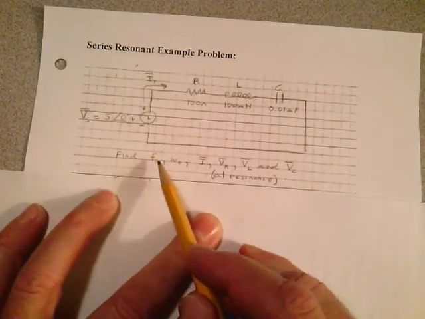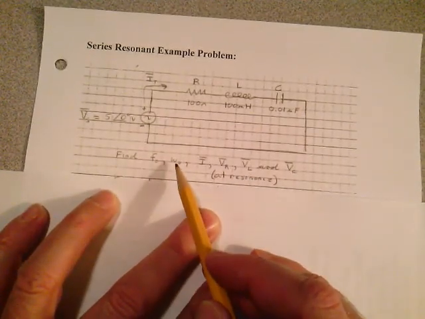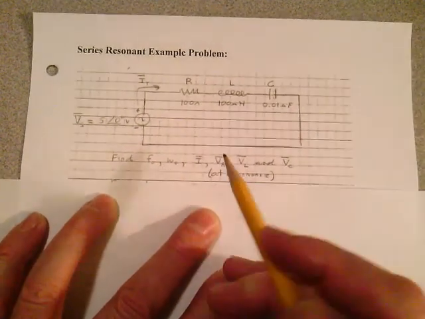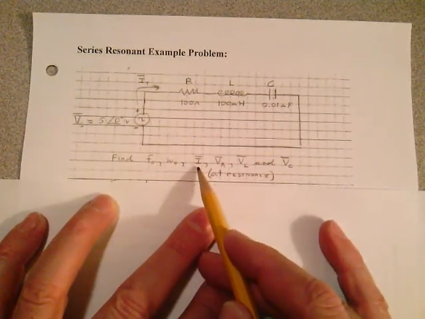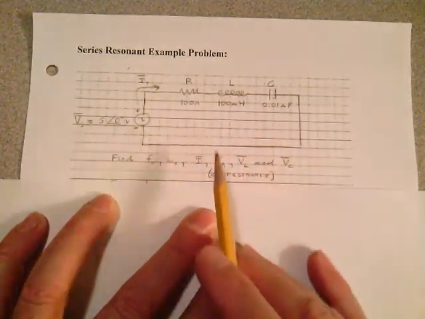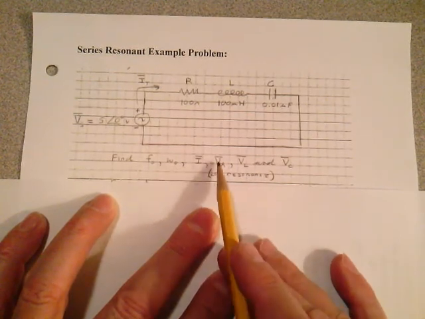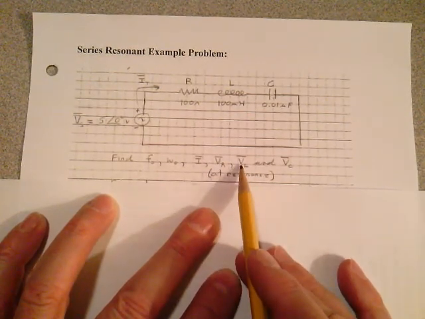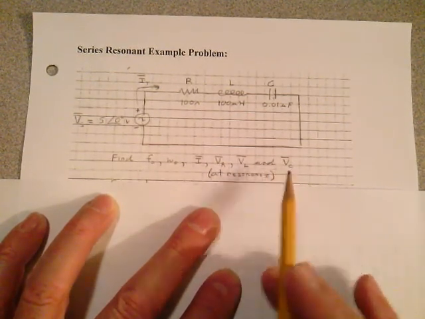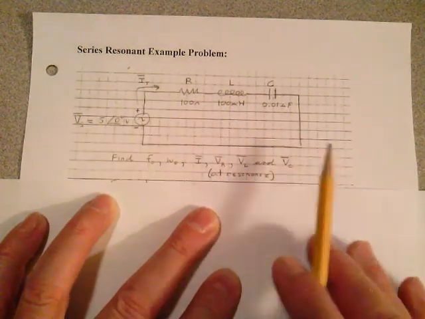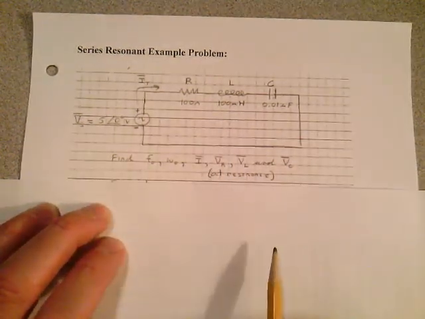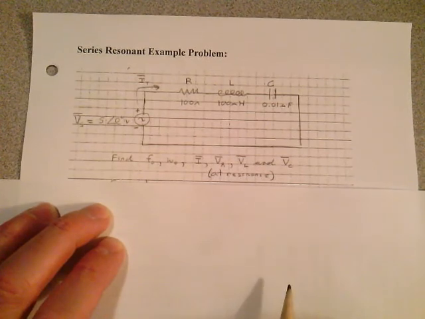I want you to find the resonant frequency, both in hertz and radians per second. Find the phasor current in that circuit. It's a series circuit. Find the phasor voltage across the resistor, the phasor voltage across the inductor, and the phasor voltage across the capacitor. Stop the video, take a minute. It's going to take you less than 5 minutes to work these out.